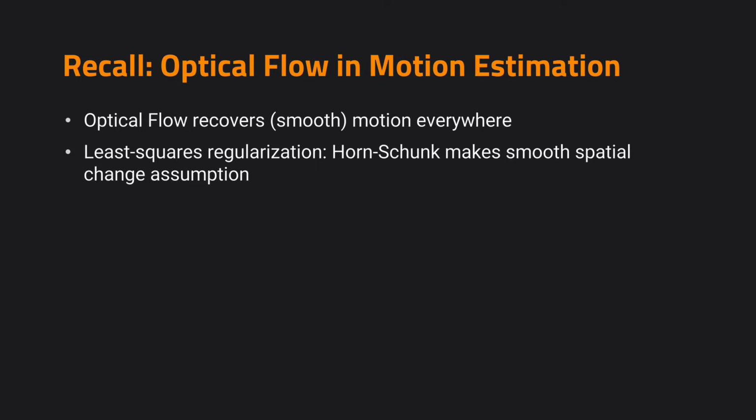In that formulation, we add additional regularization terms in our solution so that we can solve the motion at every point. The assumption is that locally all the points will move in the same direction.